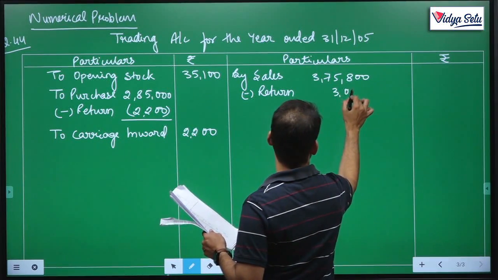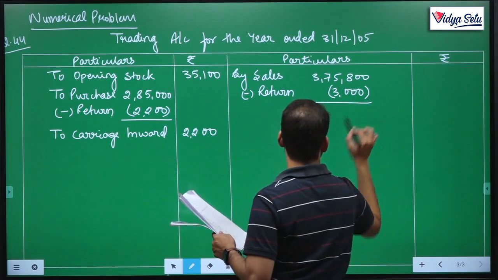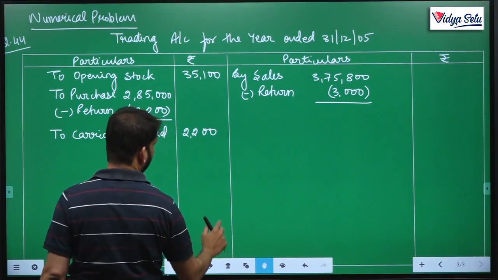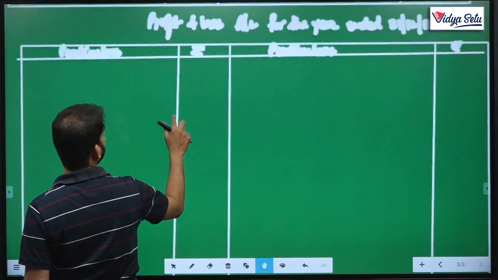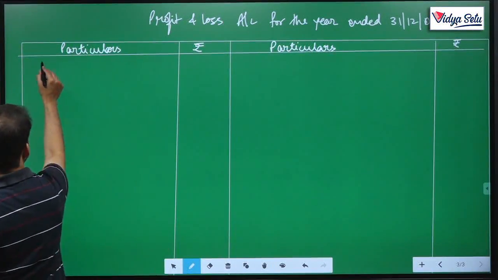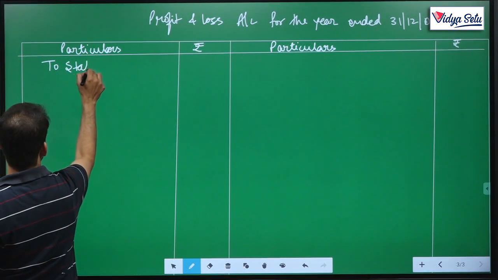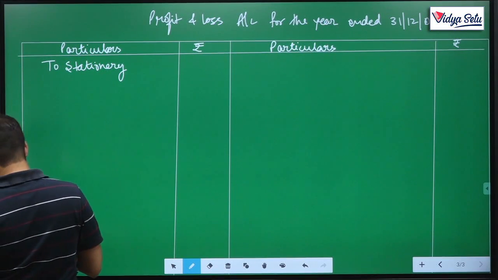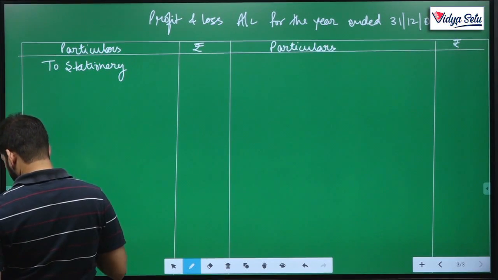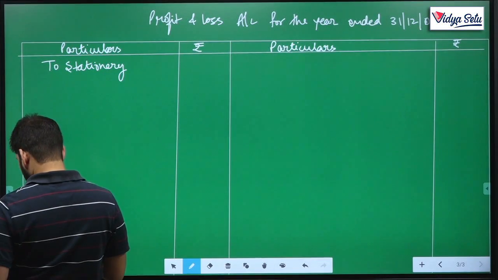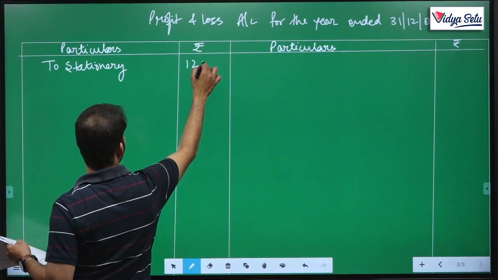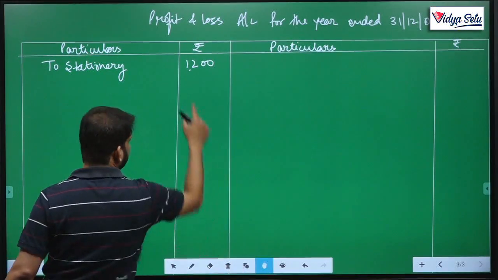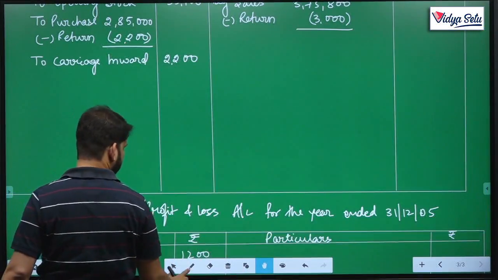Here also return, so the debit amount is 3,000. We have stationery that will go in our P&L account, 1,200.